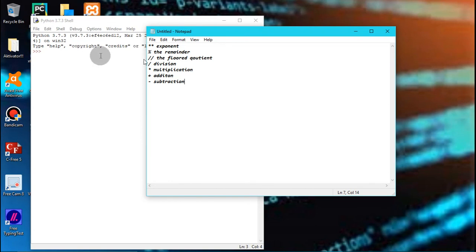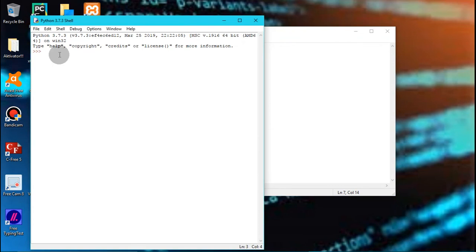So let's implement this in code. Say I have my variable x equals 3. We talked about variables, and there are rules for naming them.